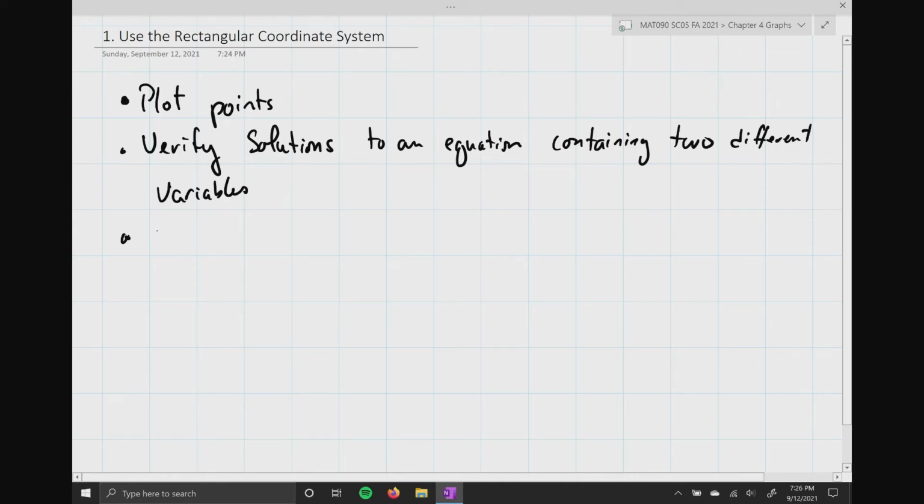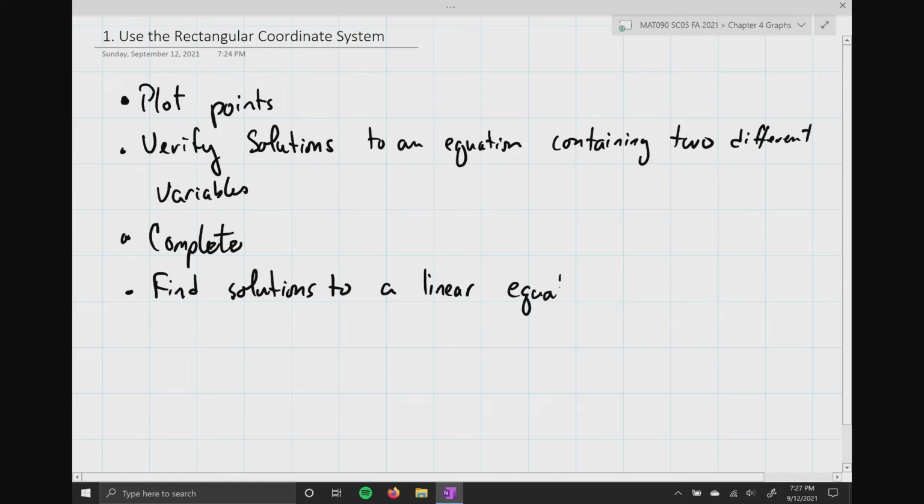We're going to complete a table. It's pretty easy stuff so far. And then the last one is just going to be finding solutions to a linear equation in two variables.